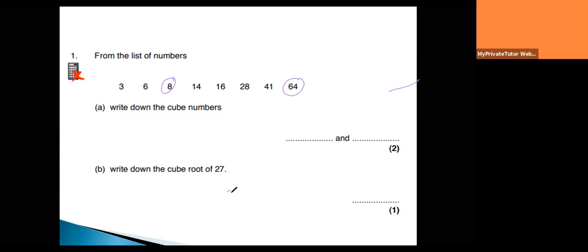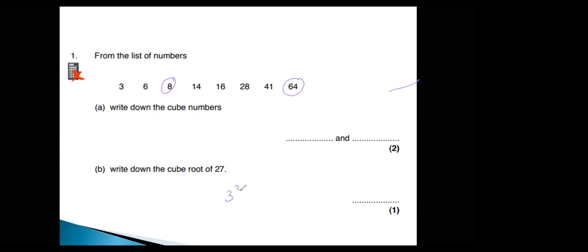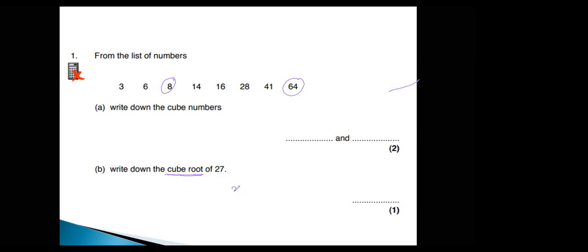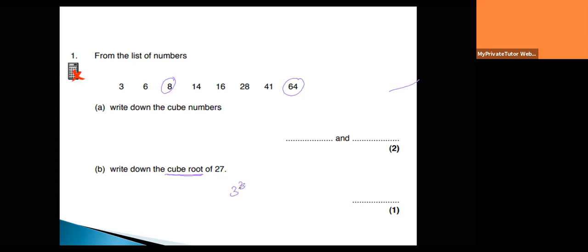The question is finding the cube root. Yes, you are right, 3 to the power 3, but the cube root of this is 3, right? Yes, the answer is 3.